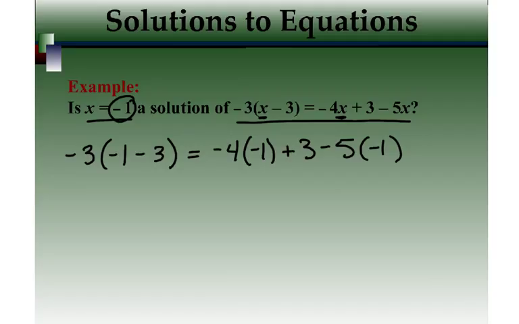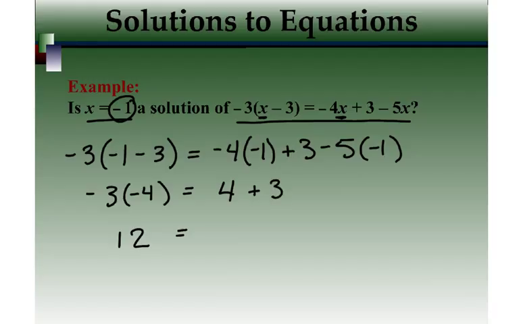Over on this side, if we use our order of operations and combine these two terms, we're going to end up with a negative 3 times a negative 4, which equals a positive 12. Let's see if the other side is equal to the same thing. Negative 4 times a negative 1, well, that gives us a positive 4.